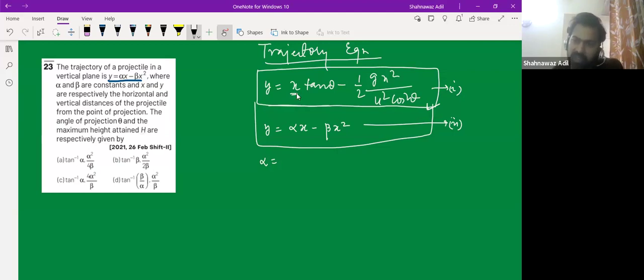Just see the coefficient. This is x tan theta, and this is x alpha. If you compare the x term, the x term in here has tan theta, and the x term in here has alpha. So alpha would be tan theta. Clear?